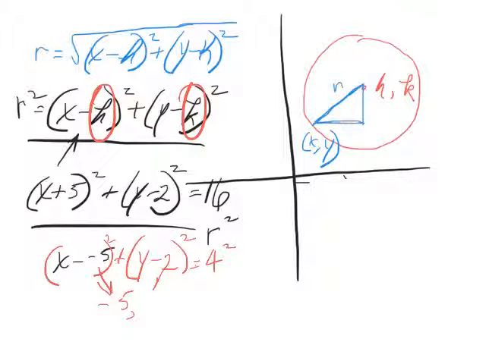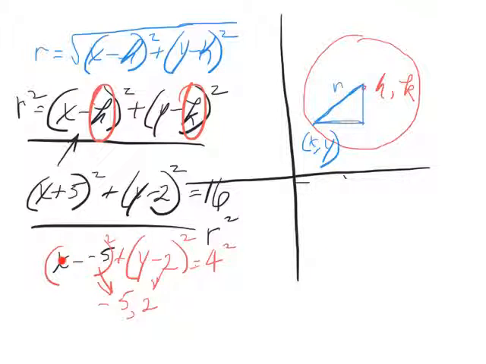2 from here. Okay, so notice I took the 5 and I took the 2. So this right here is all I'm looking at, negative 5. X minus negative 5 is my h. Y minus positive 2, and that goes there. So don't let that confuse you.